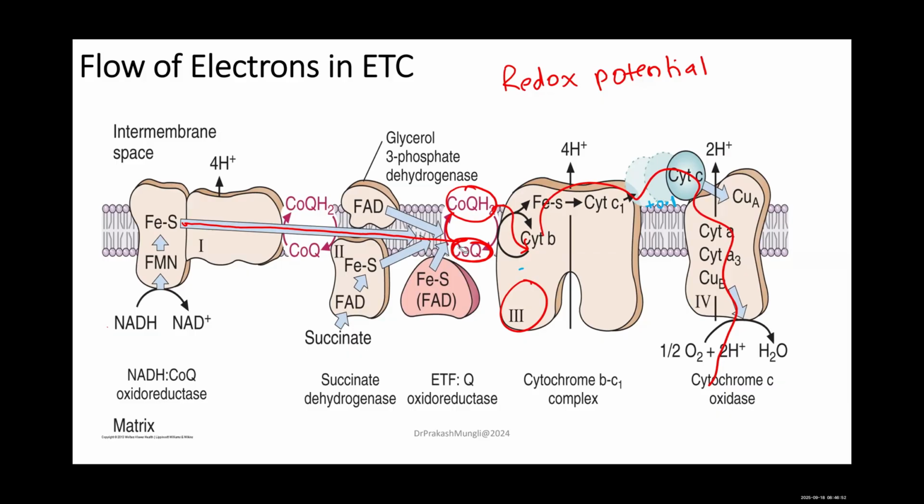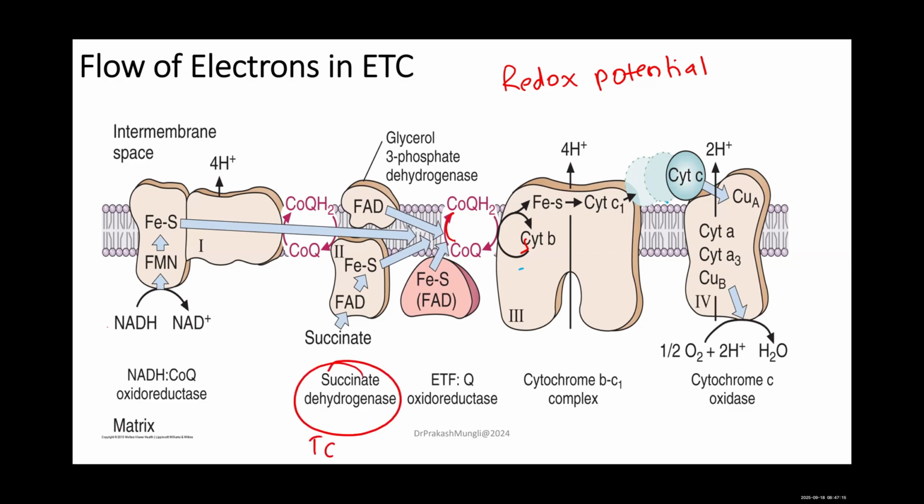Second confusion is complex 2. Depending on the cell type, depending on which tissue you are looking at in the electron transport chain, there can be 3 types of complex 2. Right? We have succinate dehydrogenase, which is part of the TCA cycle. That is also complex 2. Then we have ETF, electron transferring flavoprotein.